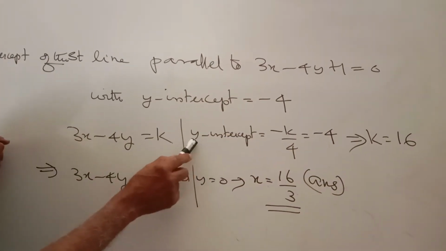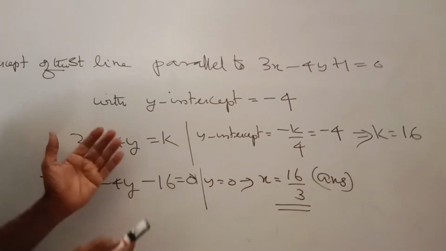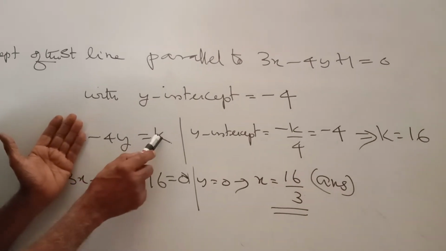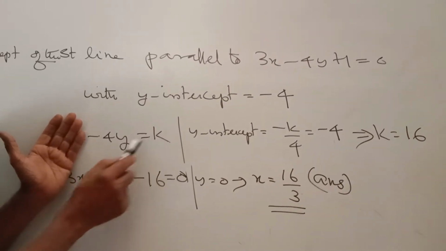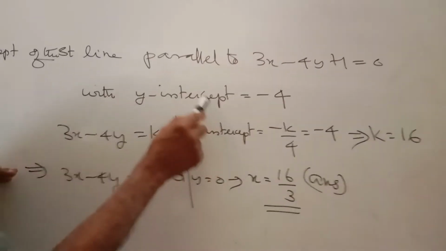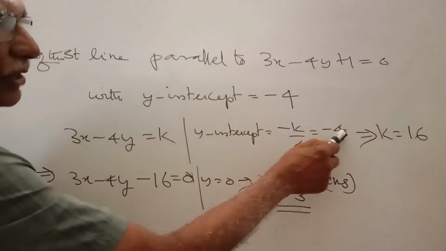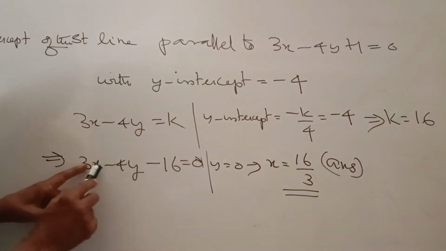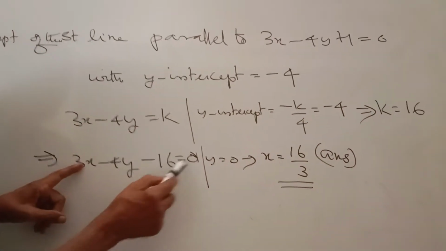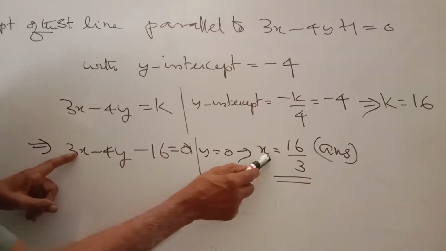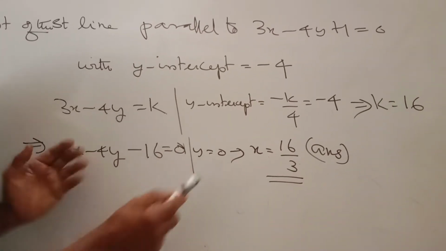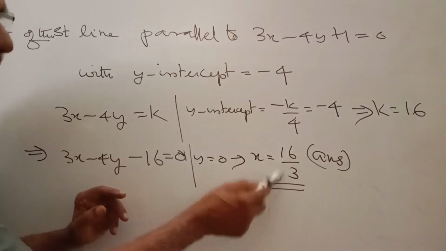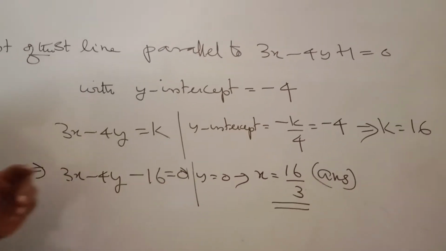Now for the y-intercept of this, if you put x equals 0, you get the y-intercept. Y-intercept is k by minus 4 or minus k by 4. And that is given to be minus 4. So when you cross multiply, you get k equals 16. So this k is 16. So 3x minus 4y minus 16 equal to 0. And we get the x-intercept by putting y equal to 0. The x value is 16 over 3. And this is the answer.